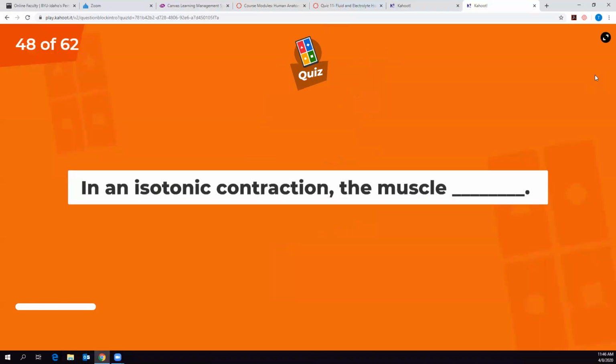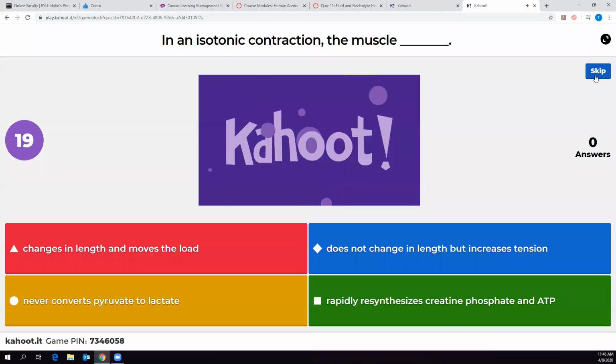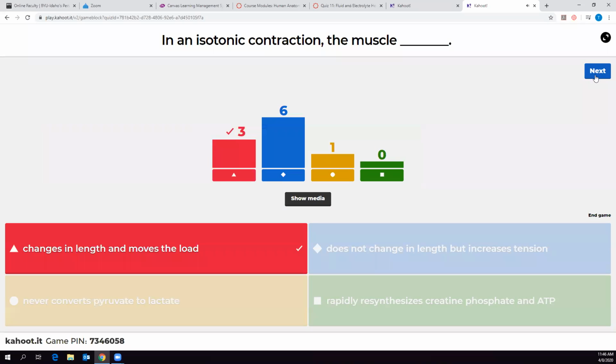All right. Okay, in an isotonic contraction, the muscle. Nope.